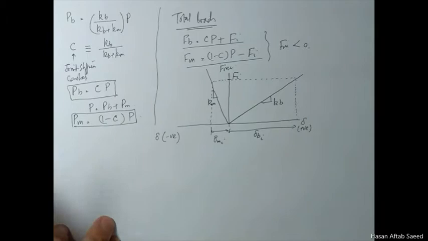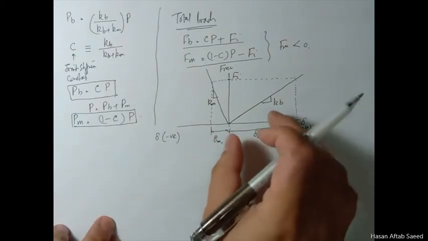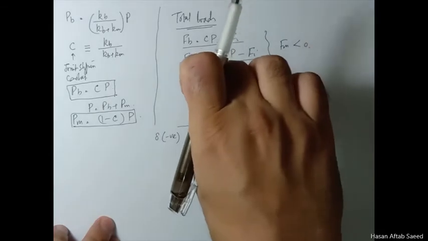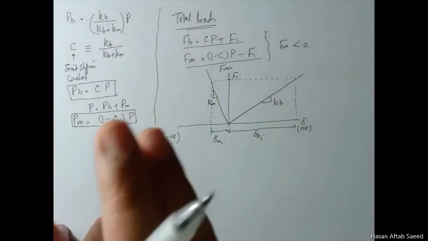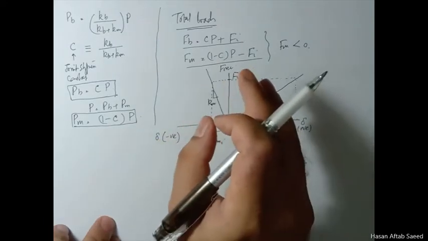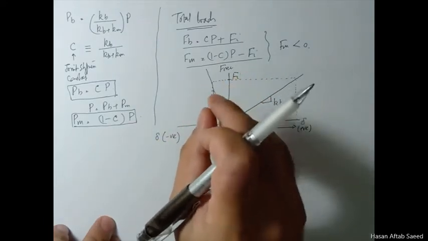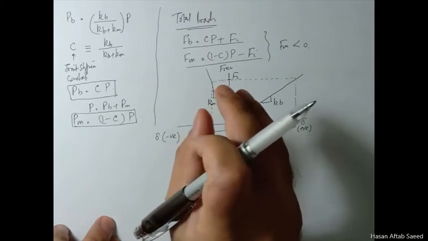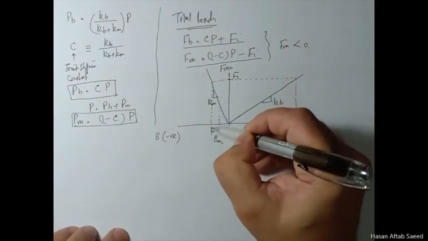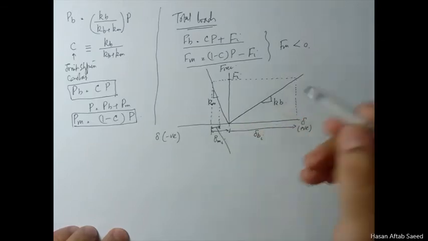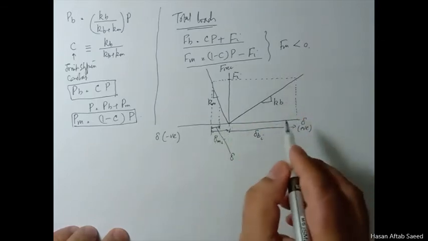So here we stand before the application of the external load. Now when we apply the external load, these deformations are different. The bolt has been extended much more than the members have been compressed. Now you apply the external load P. After the application of external load, the tension in the bolt will increase, compression in the members will decrease, but the deformation that takes place because of P must be the same. So now let's say this much deflection is there, and this is positive in both cases.